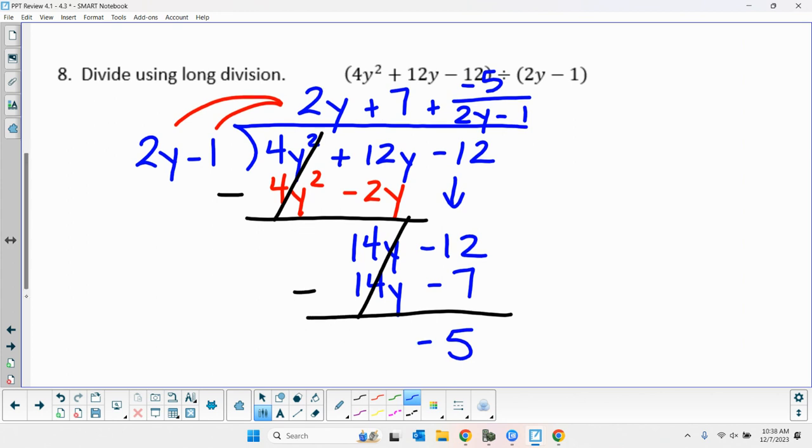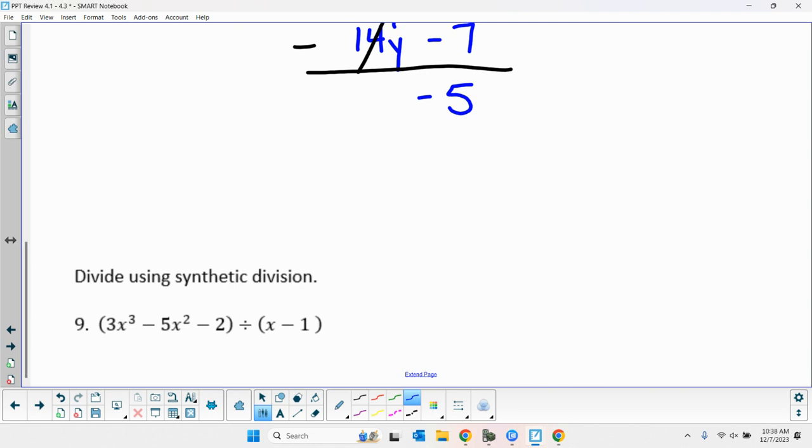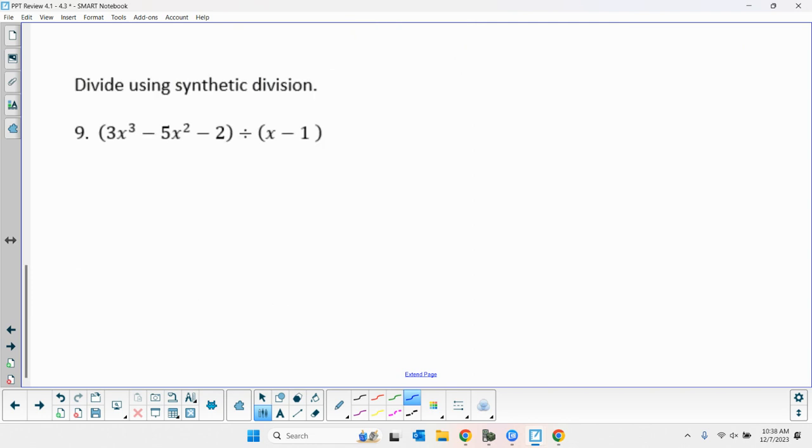Okay, the last one is much easier and quicker, because it's synthetic. The only mistake that usually gets made is right in the beginning. What number goes in my corner here? Positive 1, yes.